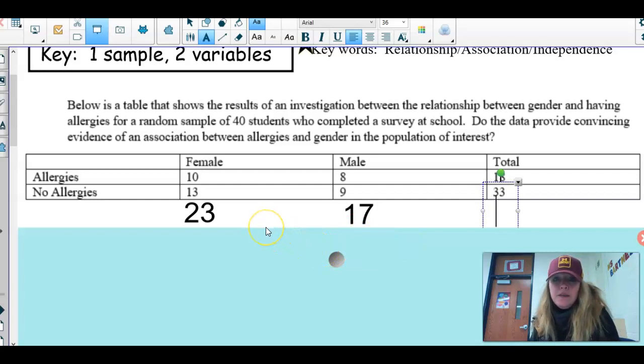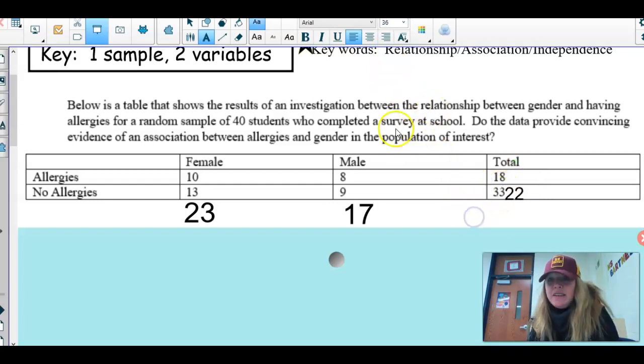something is off here. 10 plus 8 is 18. 13 plus 9 is not 33. 13 plus 9 is 22, okay?